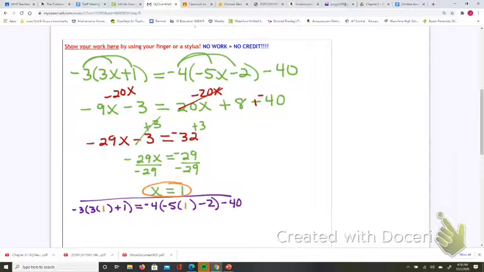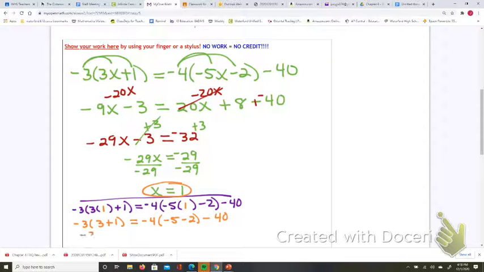Now I simplify. Now remember when you're simplifying that you'll always have to do the parentheses first. So I have my negative 3 sitting out here, and then in my parenthesis I have 3 times 1, which is 3, plus 1. And then over on the other side I have negative 4, parenthesis, negative 5 times 1, which is negative 5, minus 2, close your parenthesis, minus the 40.